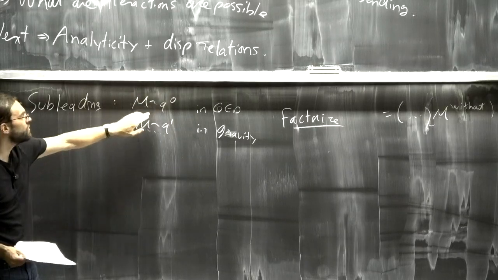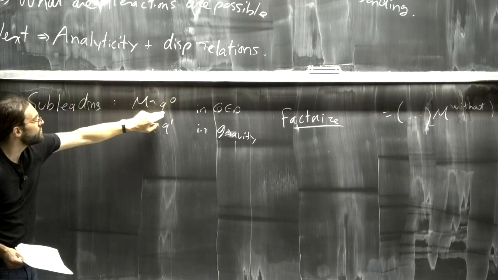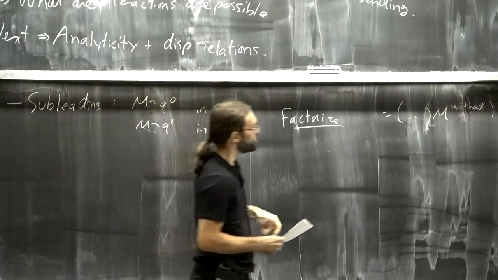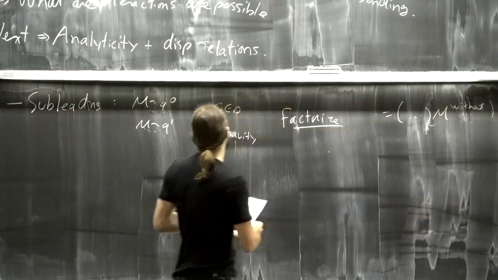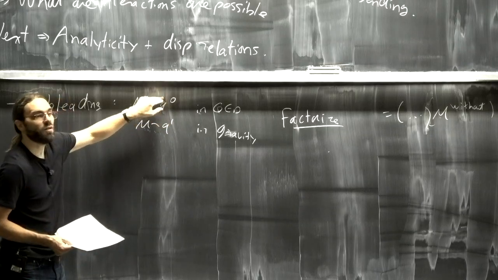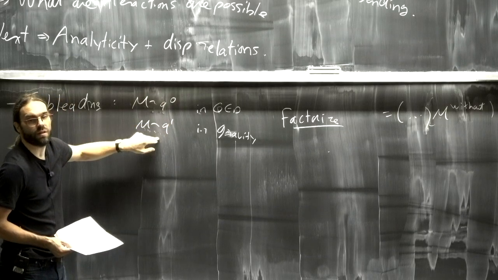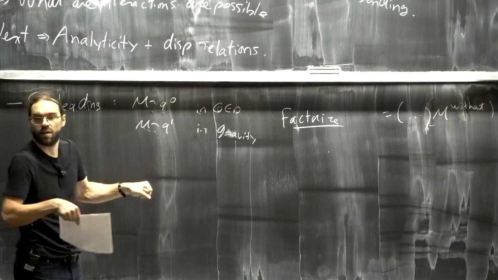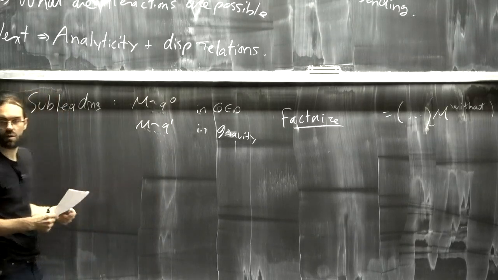And the rough reason for this, the intuitive reason that was used, these are very old results, is that the first gauge invariant local thing you can write down is a field strength that goes like q to the 1 in QED and q to the 2 in gravity. So up to q^1, you cannot write anything at the interaction point.